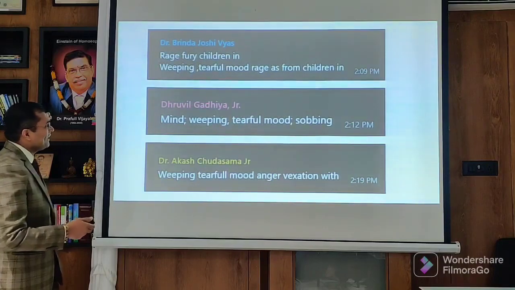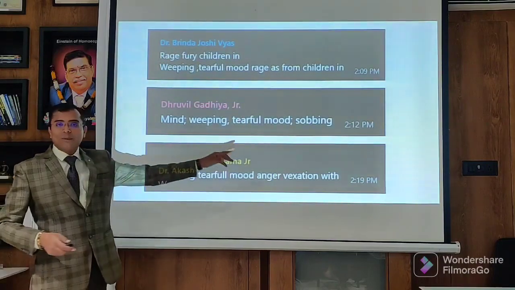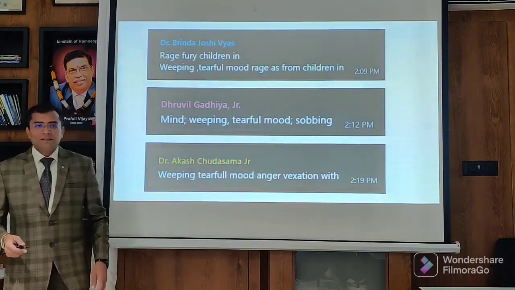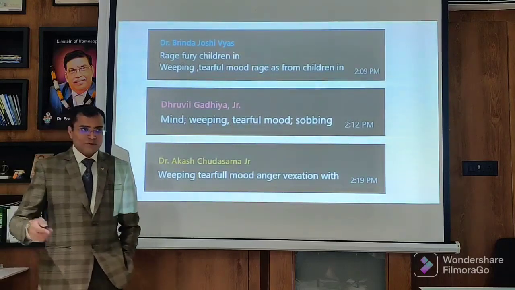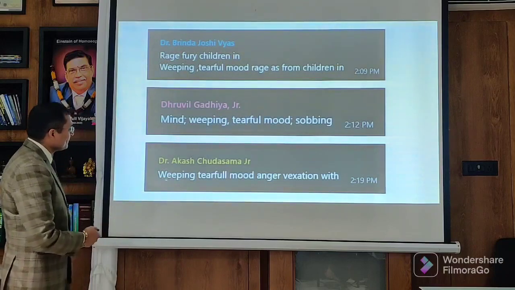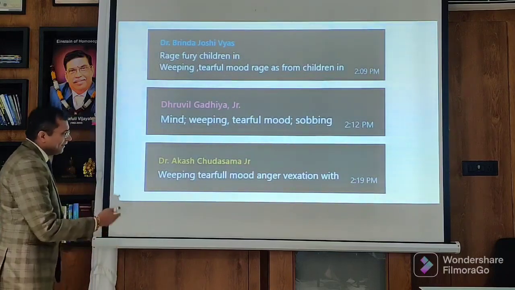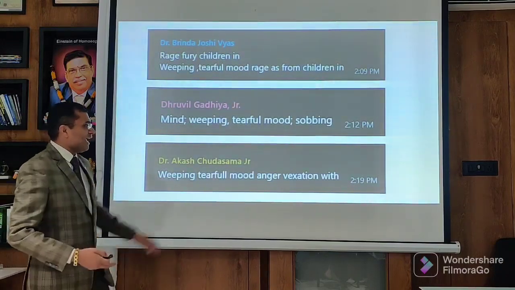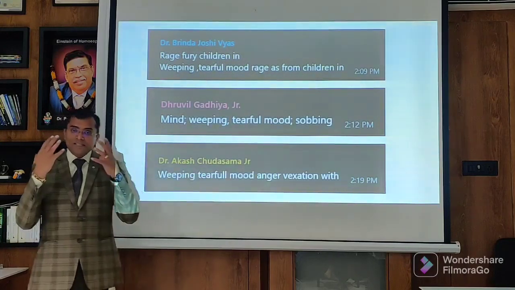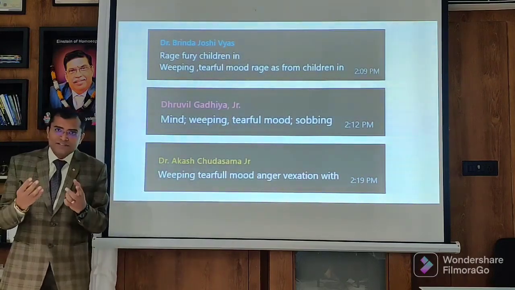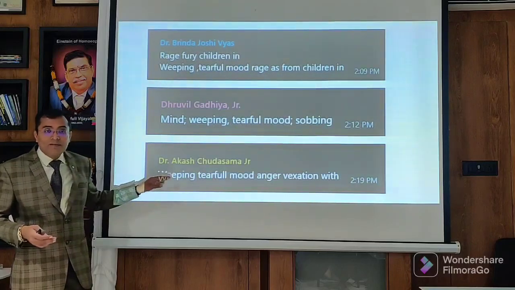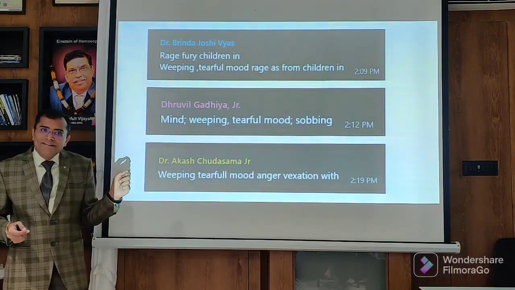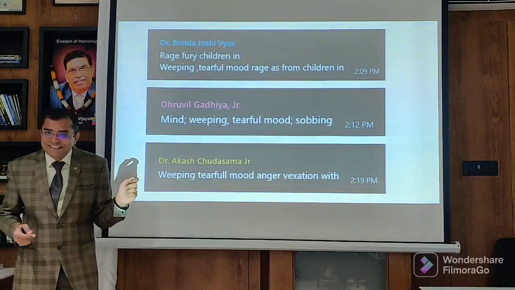Dr. Gohel has said weeping, tearful mood and sobbing. This is what we call sobbing. Dr. Akash has said mood, tearful, anger, vexation from. So the facial gesture shows frustration, anger, and again tears. Do you see tears? No.